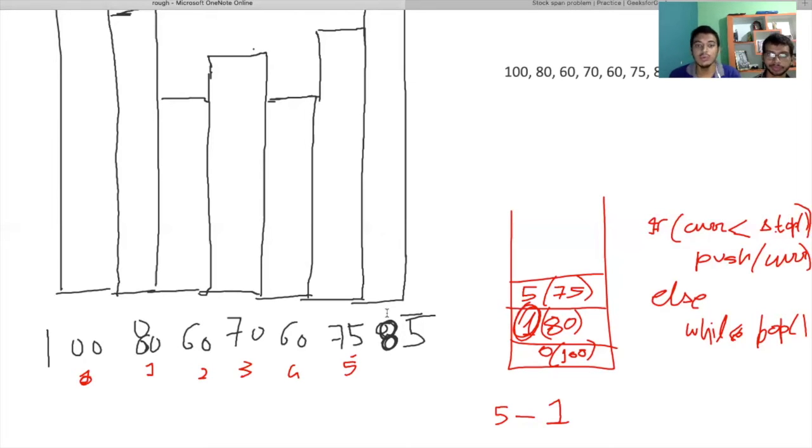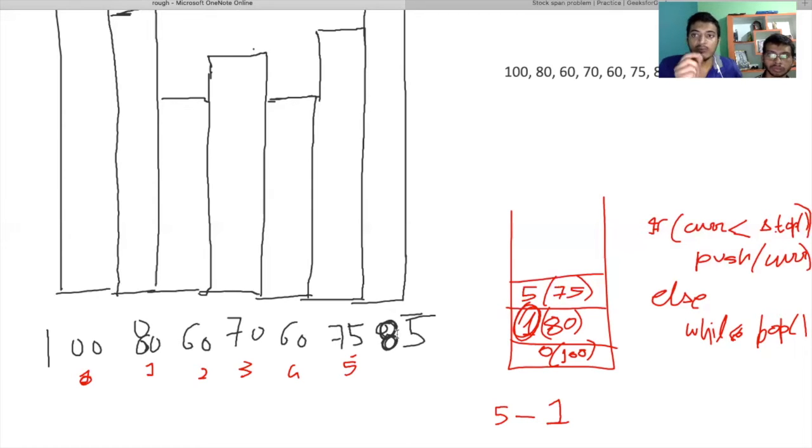Now we move to the next element, 85. 85 again is greater than the top of the stack, 85 is greater than 75. So we start to pop elements out of the stack. Now you may observe that 75 itself is greater than 4 consecutive elements on the left of it, and also 85 is greater than 75.